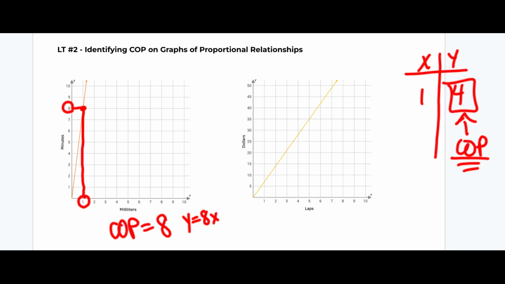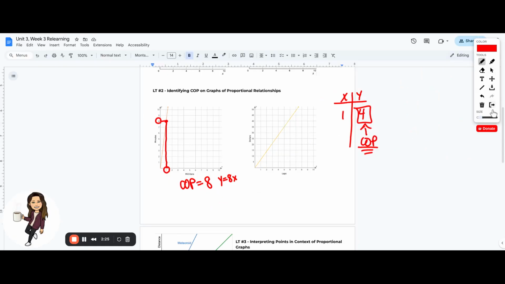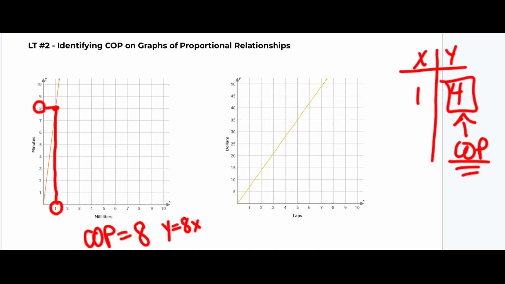Now, the second way is used mainly if we are looking at a graph and we do not have the 1, the x value, touching at a whole number. So if we look right there, we don't know what number that is. It's hard to tell if it's exactly halfway or if it would be above or below.